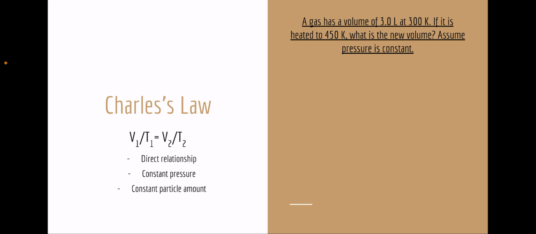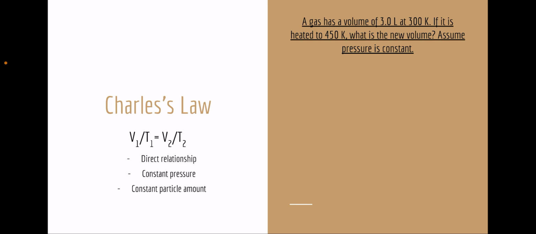Okay, so like in the previous example, we can predict the answer or ensure its accuracy by looking at the type of relationship between both properties, volume and temperature, because Charles' law claims that volume and temperature have a direct relationship. An increase in one should lead to an increase in the other.